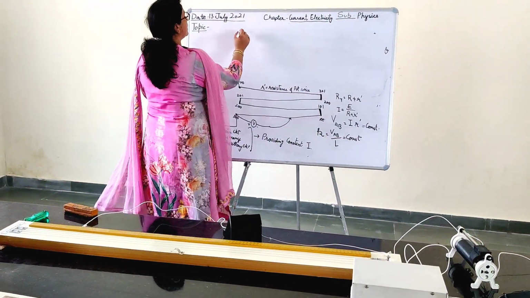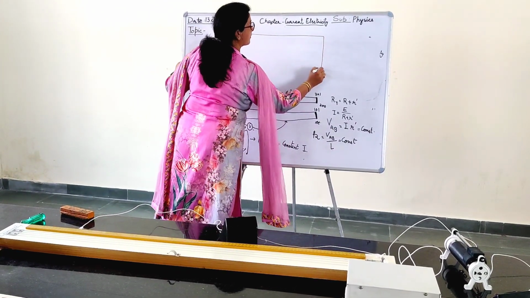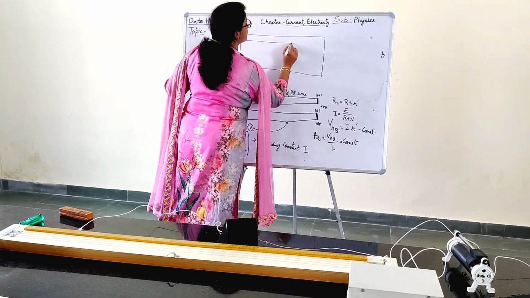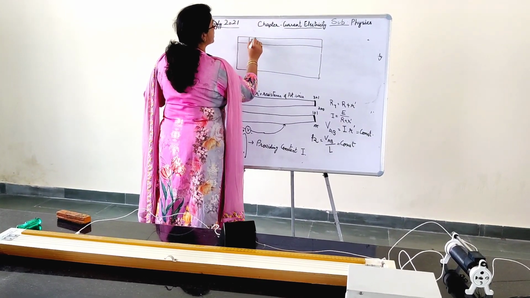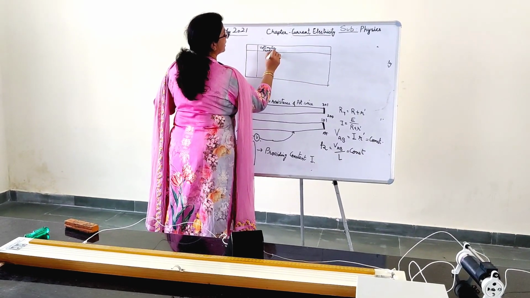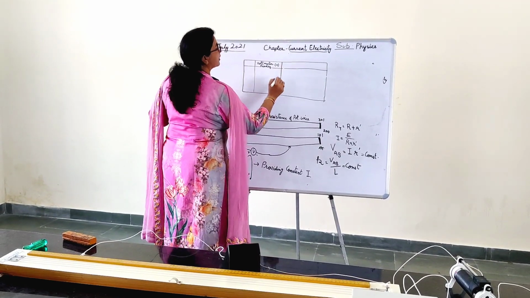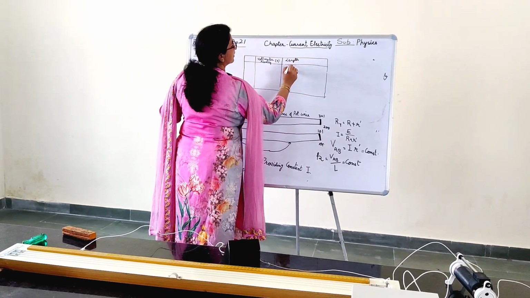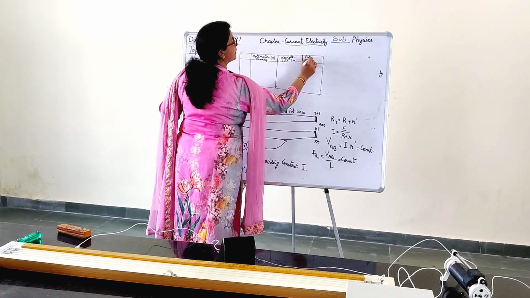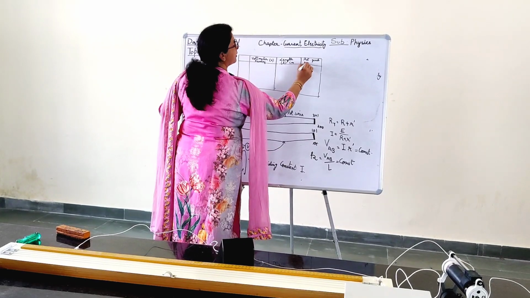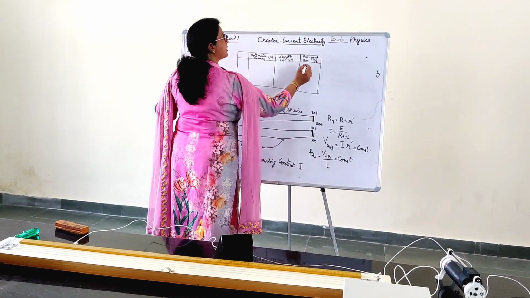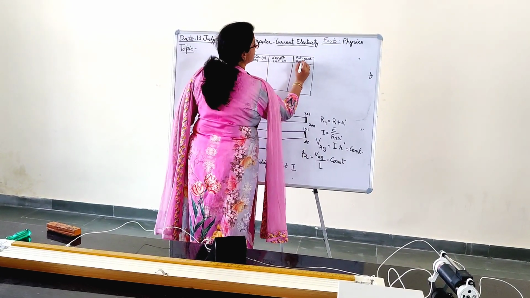You have to make a table with the voltmeter reading V, in volt; length L, in centimeter; and potential gradient K, which is V by L. The unit will be volt per centimeter here.